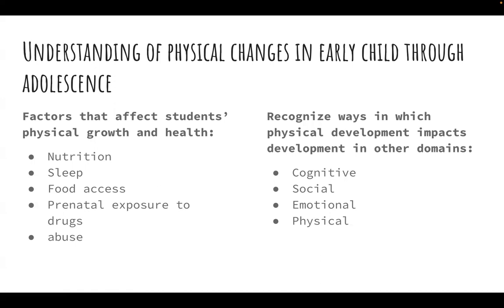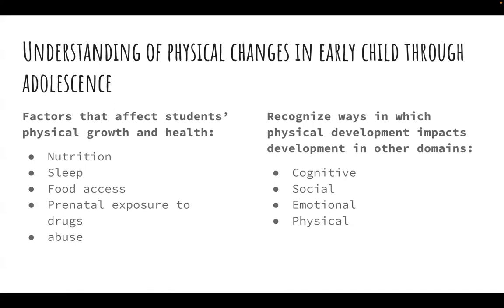And it's our job to figure out what's going on and find easy peasy ways to circumvent or support those areas of weakness. Nutrition, sleep, food access, prenatal exposure to drugs, abuse within the house, all have adverse effects on the normal physical growth and development of the students.